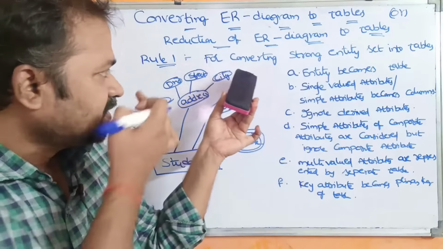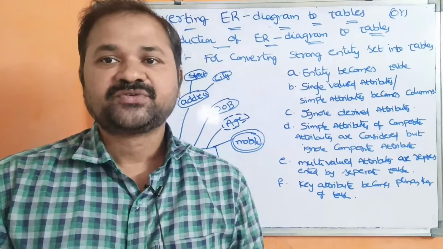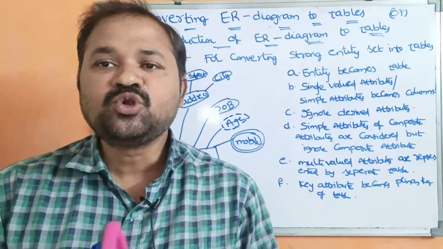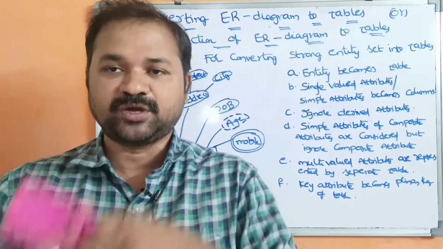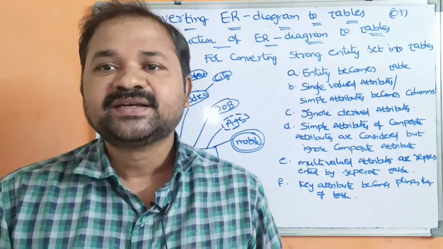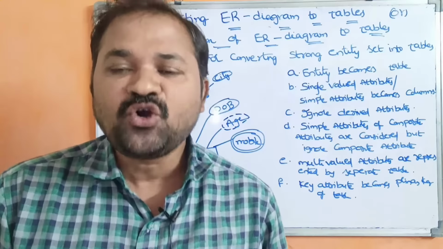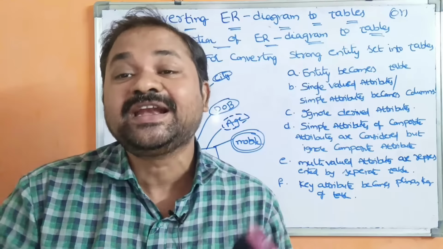Rule 1 is for converting a strong entity set into tables. So how do we convert a strong entity set into a table? Rule 2 is converting a weak entity set into a table. Rule 3 is converting a relationship into tables. Rule 4 is for binary relationships with cardinality ratio.